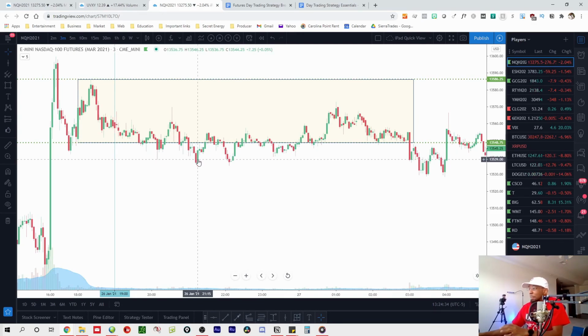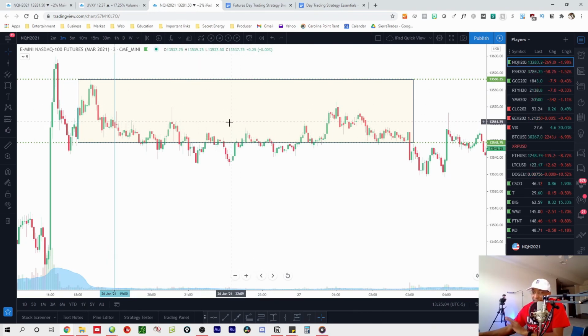The power range, I use it for trend direction and to help me determine which direction I'm going to take a trade in, whether I'm going to trade it long or short. And the Fibonacci extension has a part in which direction I take a trade in. Just from the power range alone, within the power range this is neutral, so we can trade in either direction.